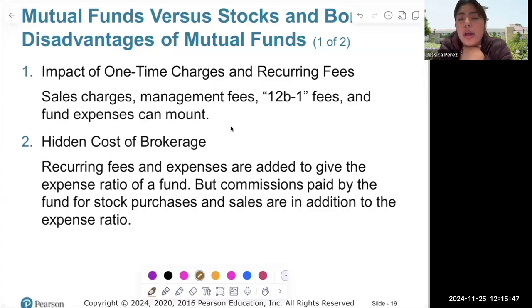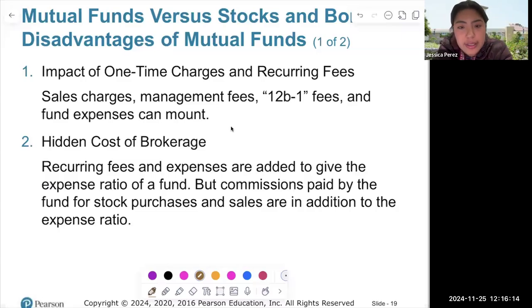There's also the hidden cost of brokerages. For example, if I decide to have a stock or a bond or mutual funds and I want to hire a brokerage, then I know for a fact that they're going to have a 1% or 2% commission. But sometimes there could be hidden costs.